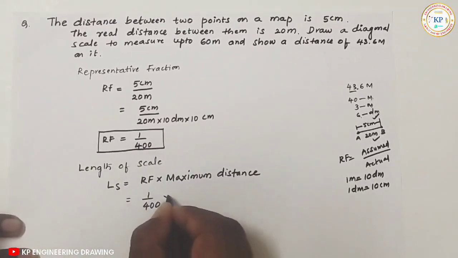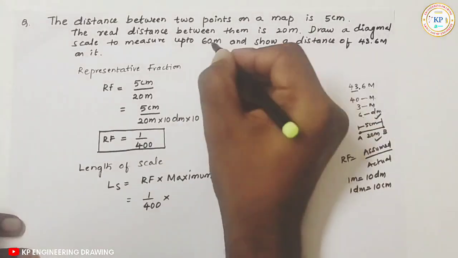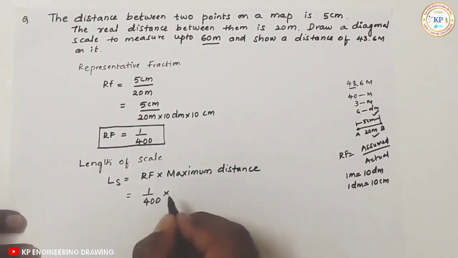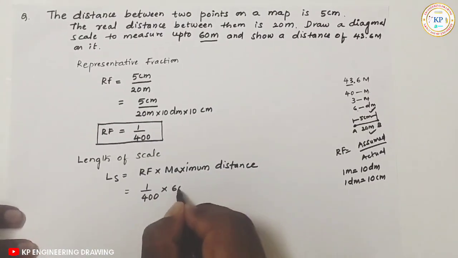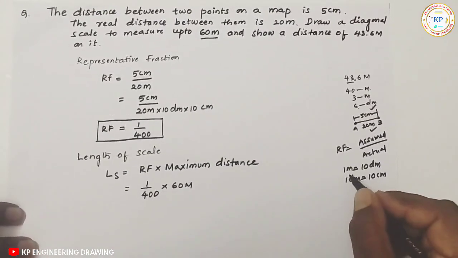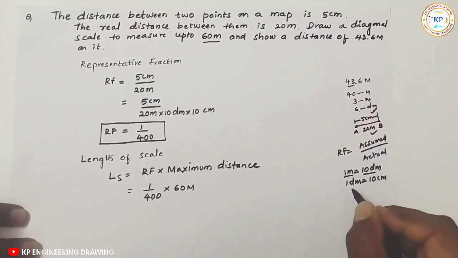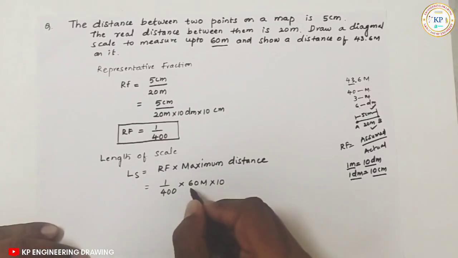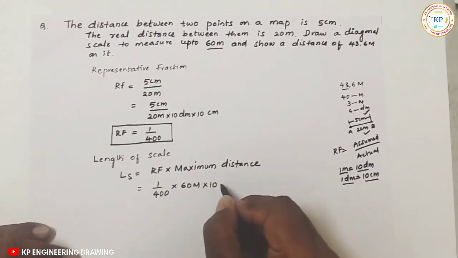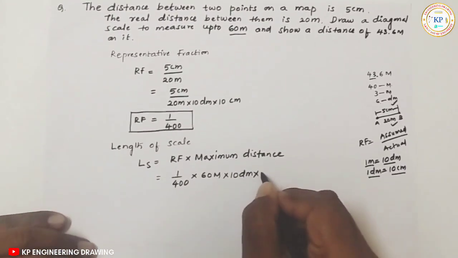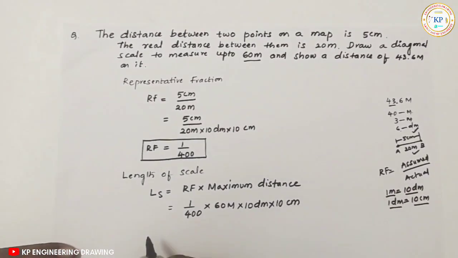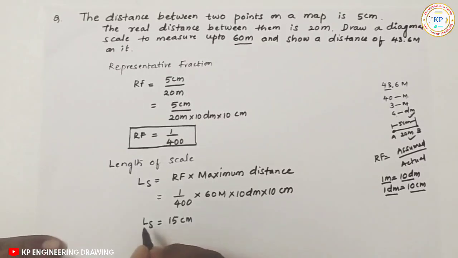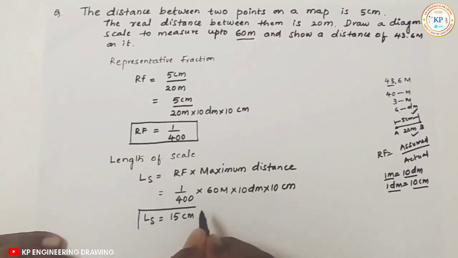The maximum distance given in the problem is 60 meters. Already we have converted: 1 meter is equal to 10 decimeters, 1 decimeter is equal to 10 centimeters. So we write 1 by 400 into 60 meters into 10 decimeters into 10 centimeters, and we get the length of scale as 15 centimeters.